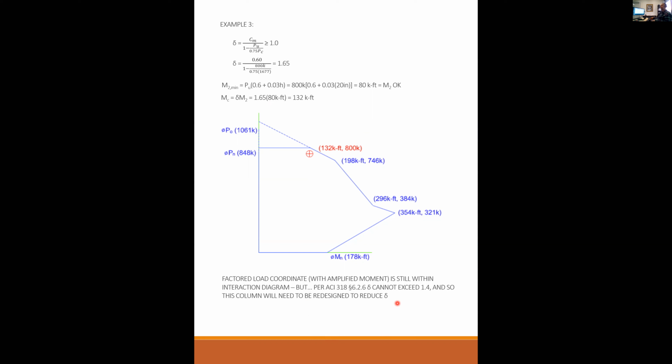What are some of my options? How could I reduce that delta? Well, this is my equation for delta. What can I change in this equation?